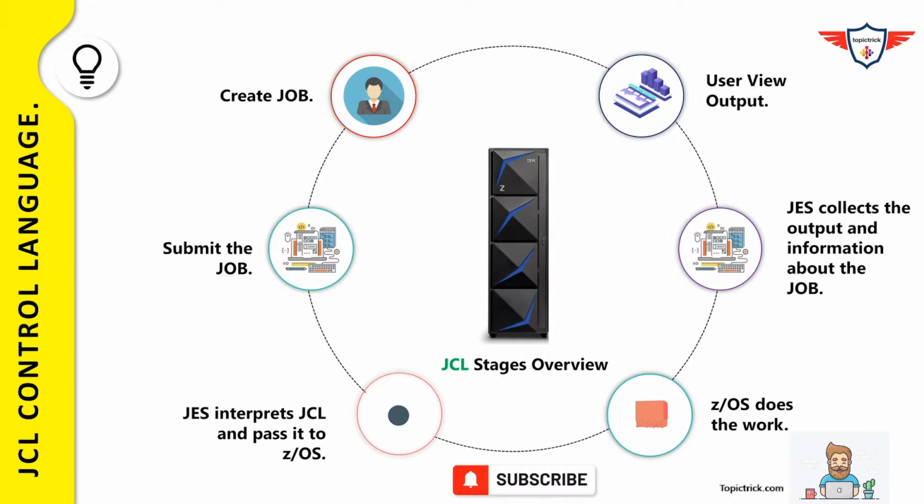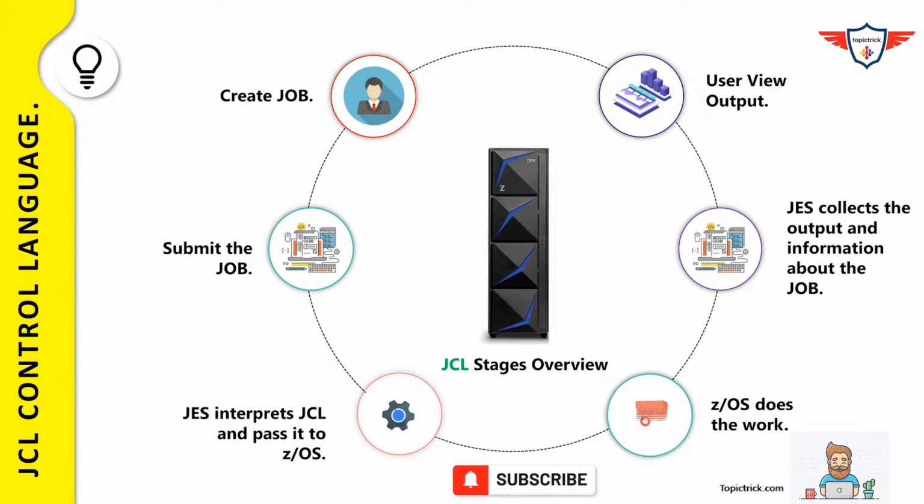Now, there are two important terms that you should be familiar with. First one is JES. The term JES stands for Job Entry Subsystem. It keeps track of jobs that enter the system, presents them to z/OS for processing, and sends their spooled output to the correct destination based on the parameters that you provide in your job card.